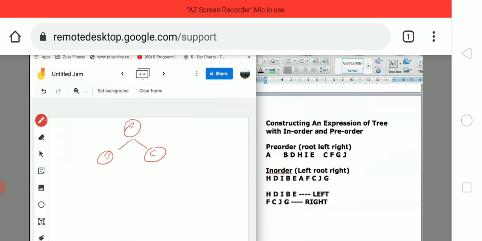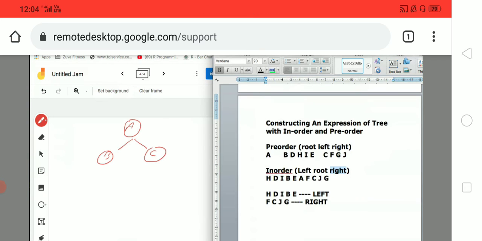Okay, now I would like to compare in-order. So where is the B? Here. So here B element is there, and now we have to split left and right. H, D, I are left for B and E is right side for B. Now we have to split the right side elements also, and C is here.